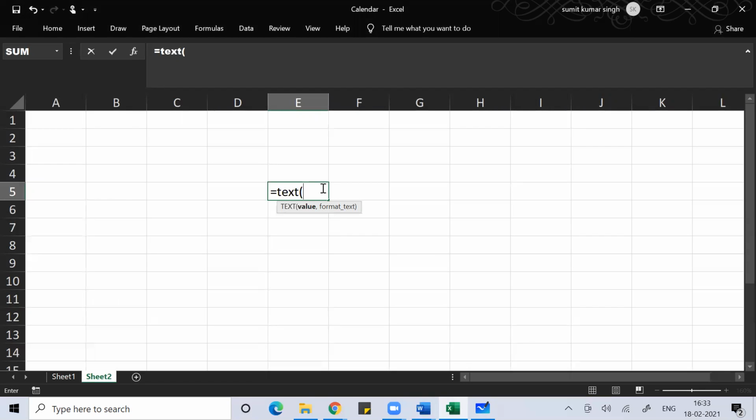So if I write in text, I'll write the date, year 2021, month 02, day is 18. So comma, in what format do I want? I want this in PPT.